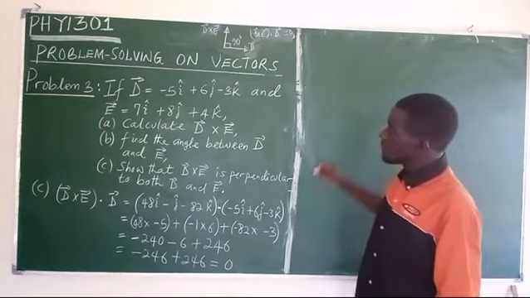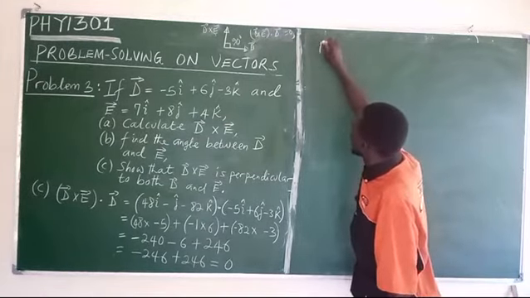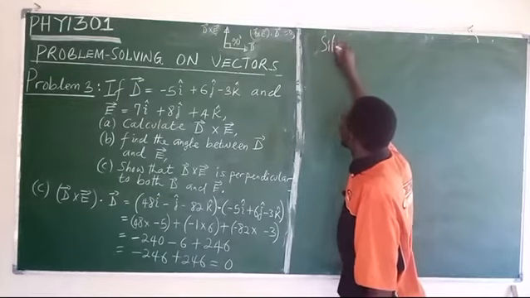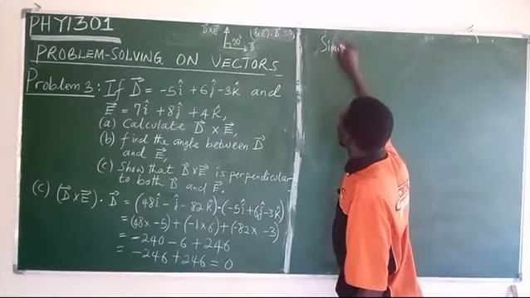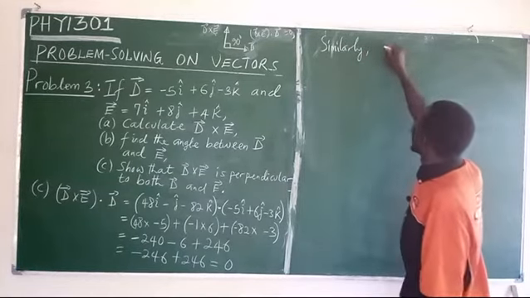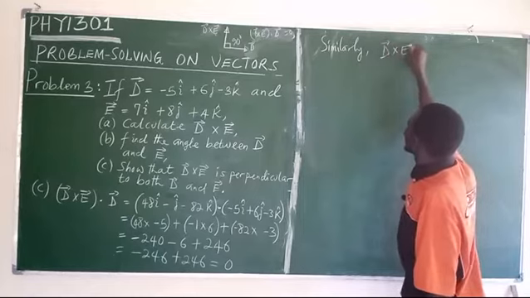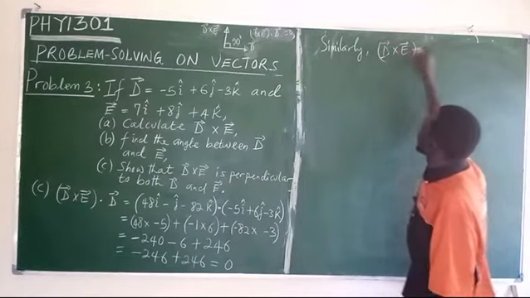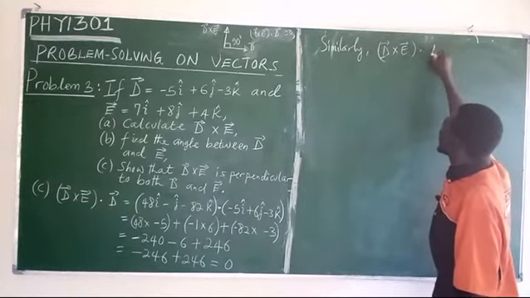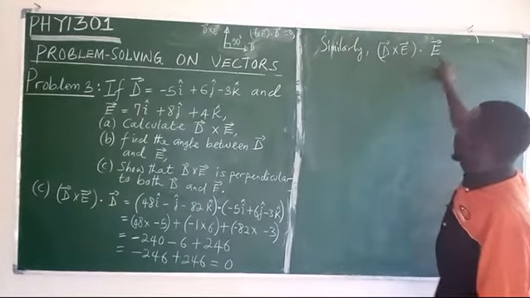Similarly, we can take D cross E dot E, the dot product of this one and this one.